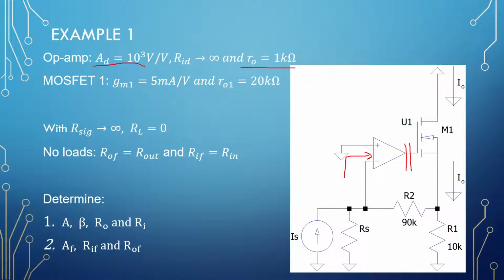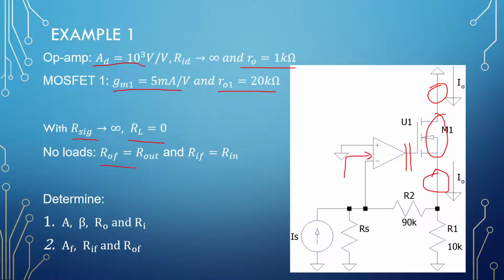Then the MOSFET here is biased to provide 5 milliamperes per volt, and it has an output impedance on this side of 20 kilo ohms. For this problem, let's assume that we have an ideal input signal, so its output impedance is infinite, and our load, which should be sitting on this side, is 0.